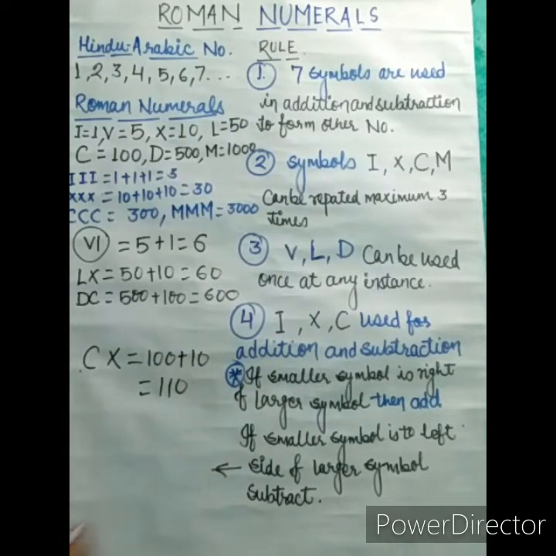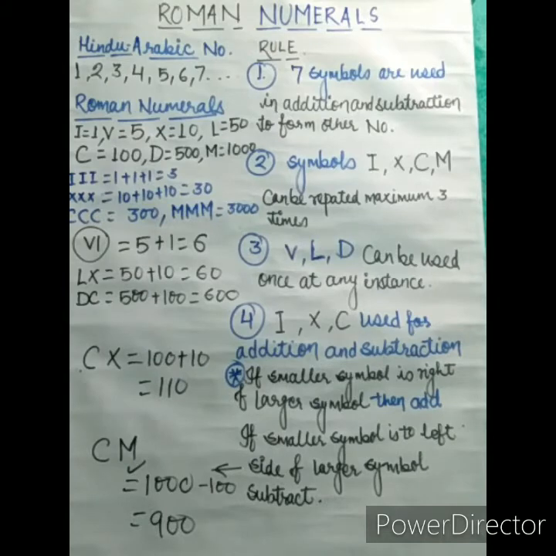For another example, we can take C and M. Here M is greater and C is smaller, but C is to the left side of M, so we will subtract here. M means 1000 and C means 100, so you minus 100, you will get 900. This you have to remember.